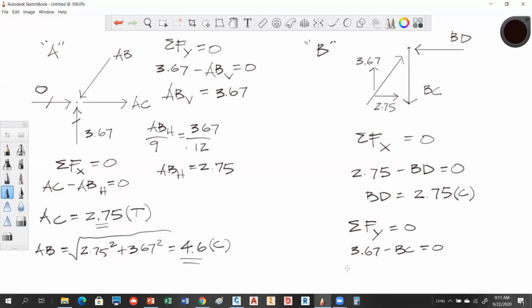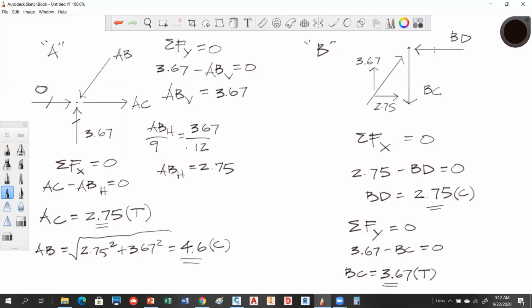So therefore, BC, you bring that guy over there, or you bring them both over. If you got negatives on both sides, it's still the same thing as being positive. That also gives me 3.67. It's a positive number, so that indicated that I am correct, and this is now considered a tension member. Okay? So there's one solution, there's another solution.